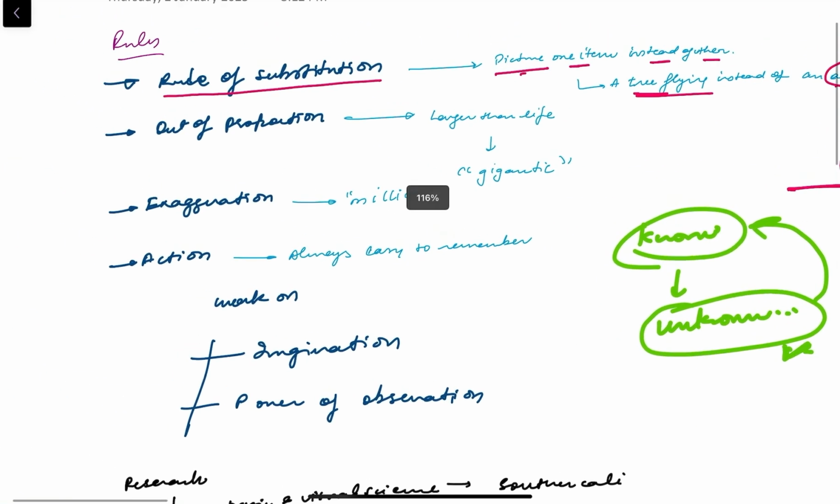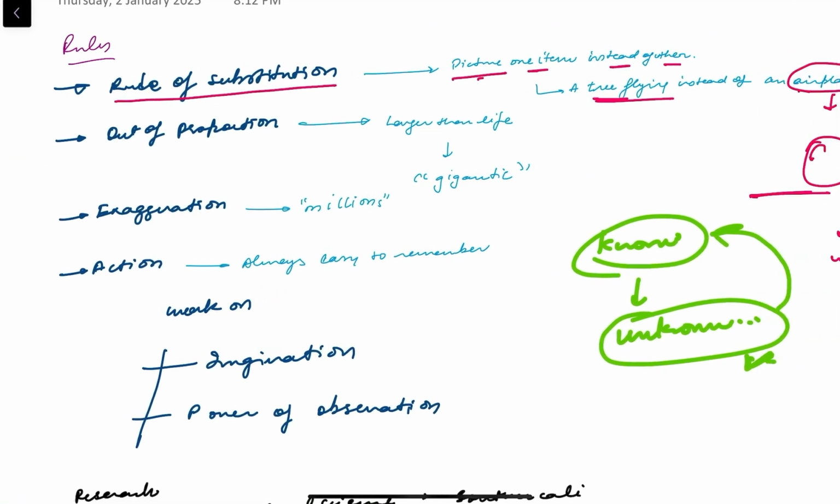Now, moving on to the next thing. First is your rule of substitution. You substitute something monotonous, that is an airplane, with something absolutely non-monotonous, that is a tree. Then, out of proportion. Whatever you are imagining or trying to memorize should be larger than life, that is, gigantic.